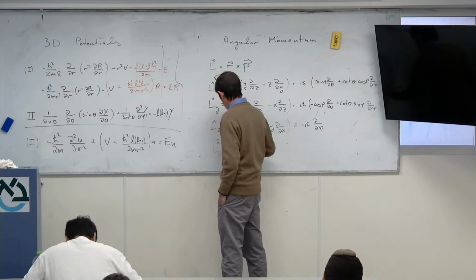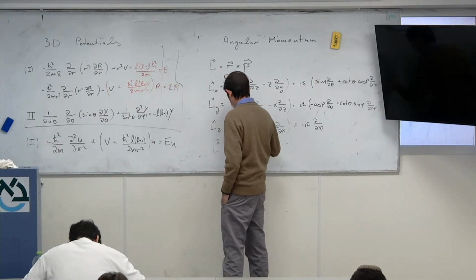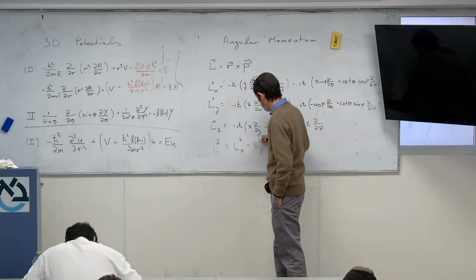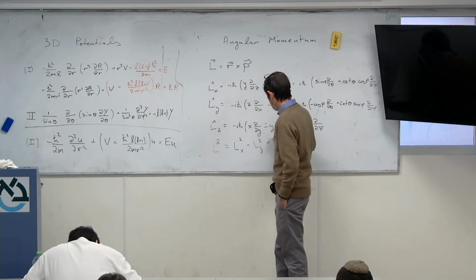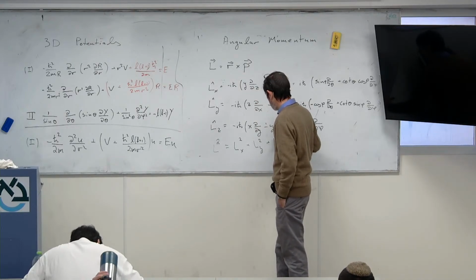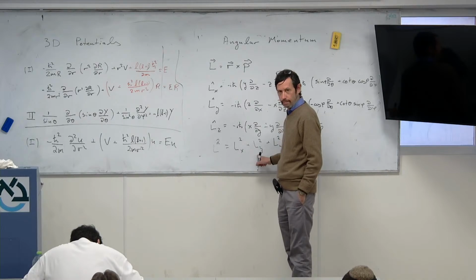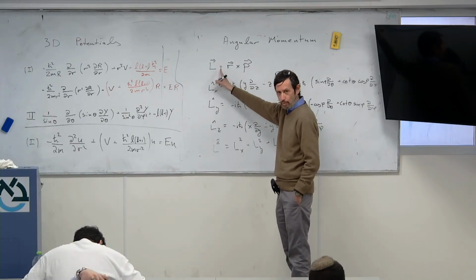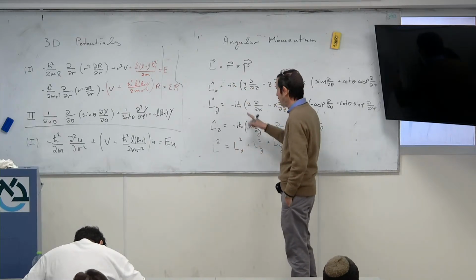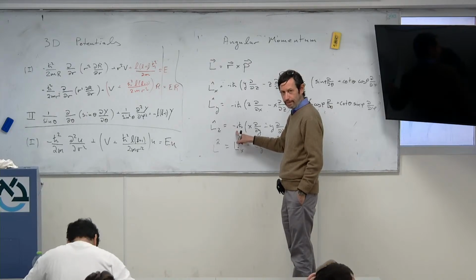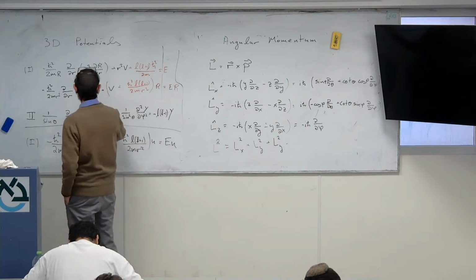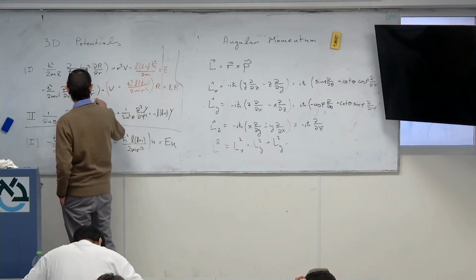Last thing for today, and I won't do it in detail. You can sit down at home and perform it. It's just trigonometry. L squared, just by definition, is Lx squared plus Ly squared plus Lz squared. These are defined here. What's written here is L squared.